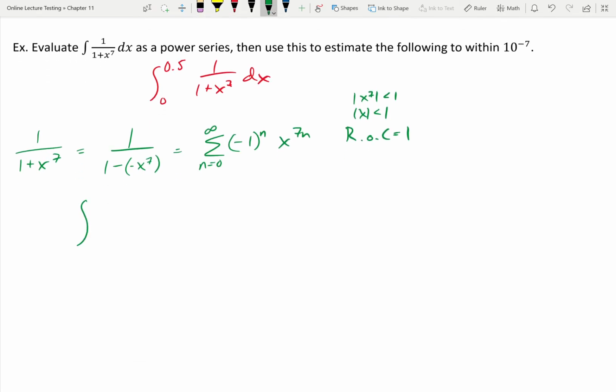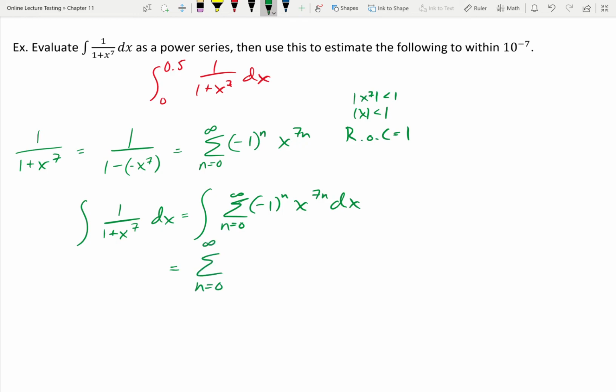All right, so now we're going to integrate 1 over 1 plus x to the 7th. That means we're going to integrate its power series representation, term by term. Everything else is treated as a constant. So we're going to get negative 1 to the n, because this is integrating with respect to x, so anything that doesn't have an x involved is a constant multiple.